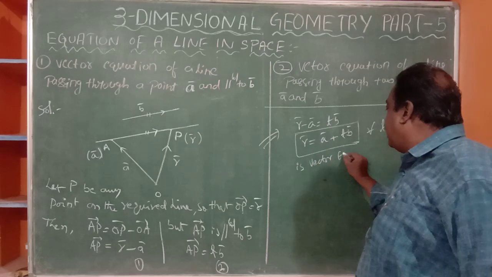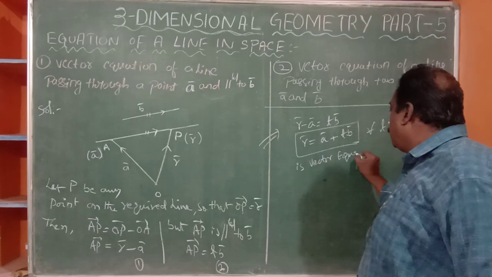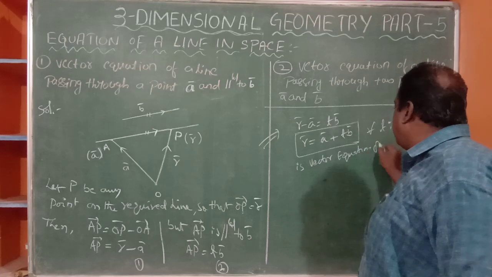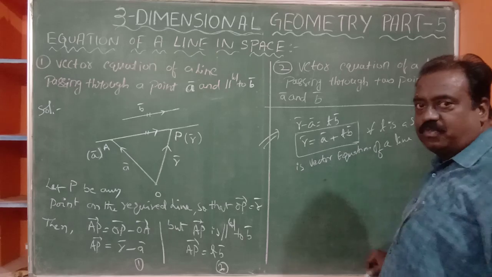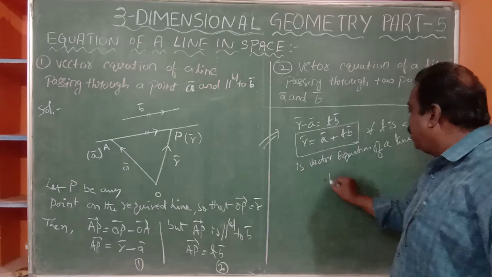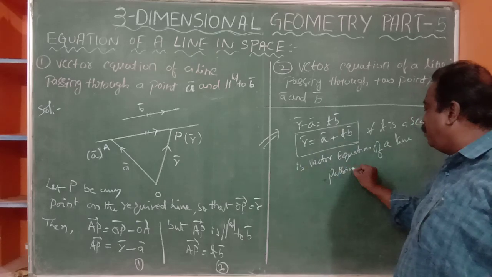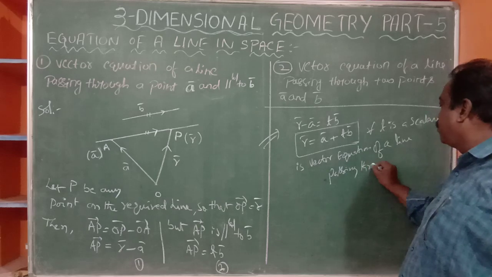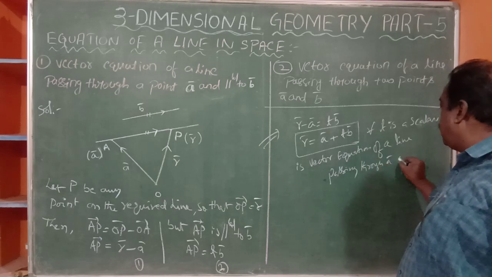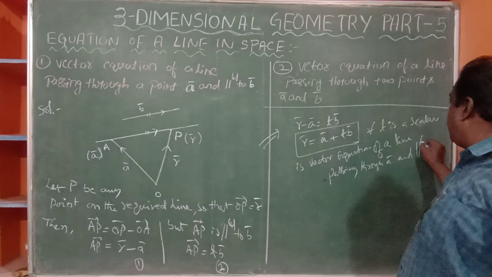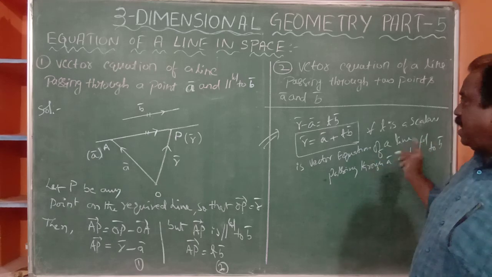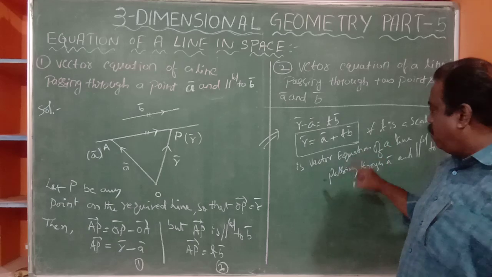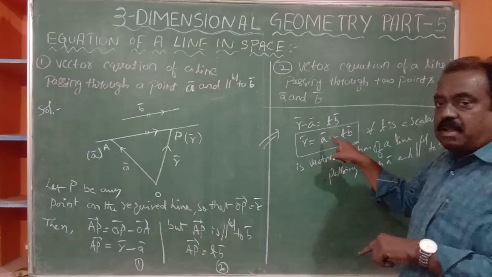So R bar is equal to A bar plus TB bar is the vector equation of a line passing through A bar and parallel to B bar. Parallel to B bar means TB bar. Passing through A bar means A bar plus TB bar.